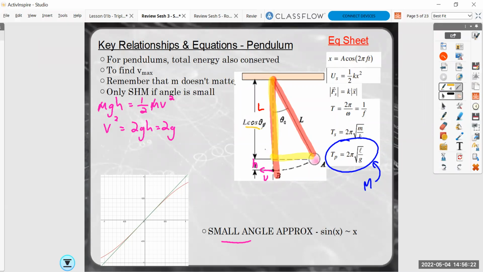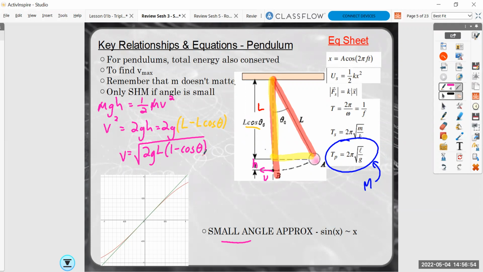And so what we find is that h is L minus L cosine theta, or if you really like factoring, you could write this as v equals the square root of 2gL(1 minus cosine theta). That's not something that you need to memorize. It's just something you could work out with trig. The maximum velocity for a pendulum is just ever so slightly more complicated to find than for a spring.